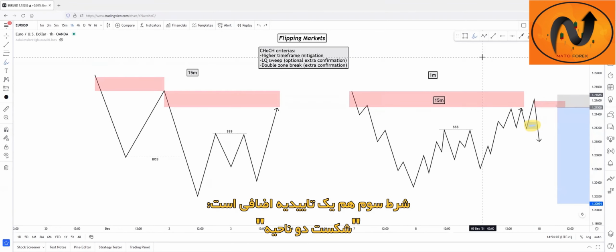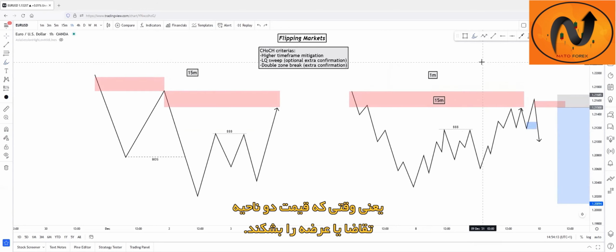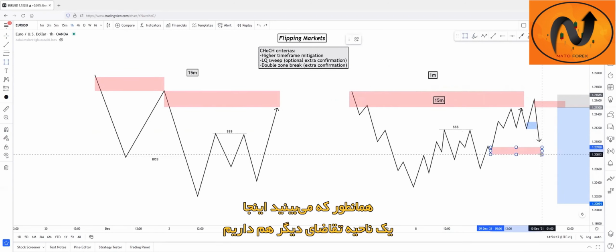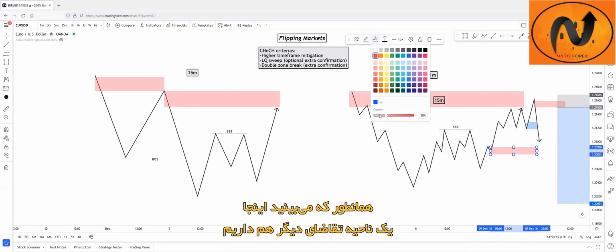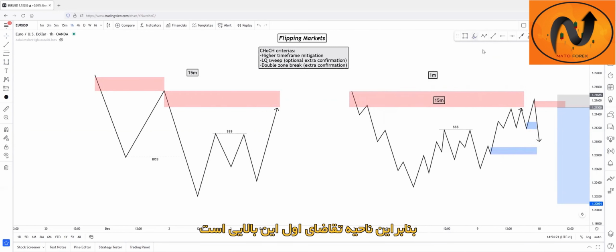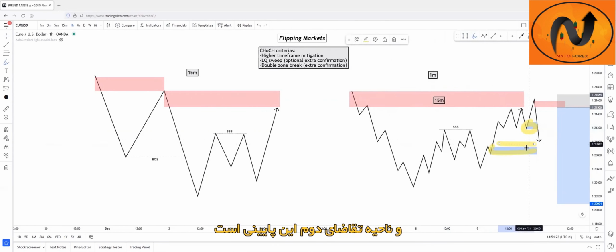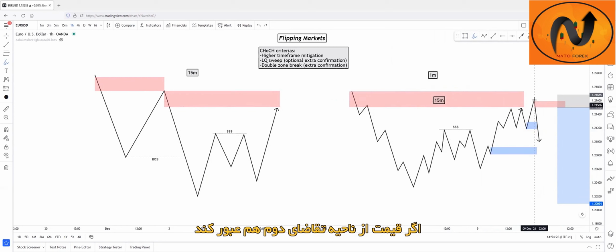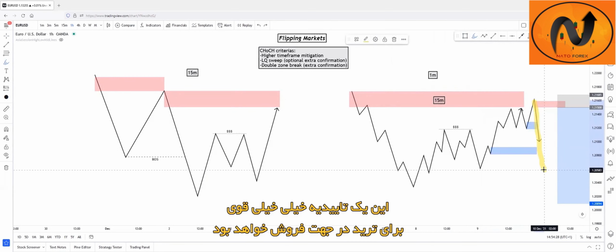And the third criteria, it's also an extra confirmation, the double zone break. If price breaks through double demand or supply zones. So as you can see, we have this demand zone here also. So this is the first demand zone up here. This is the second demand zone down here. If price breaks through this demand zone also, that will be a really, really strong and great confirmation for the short entries.